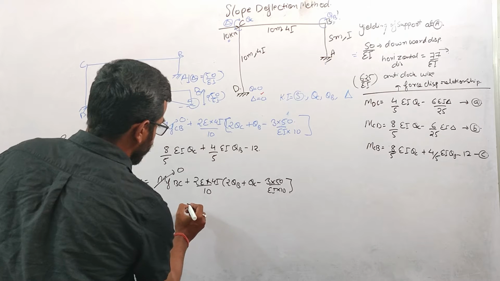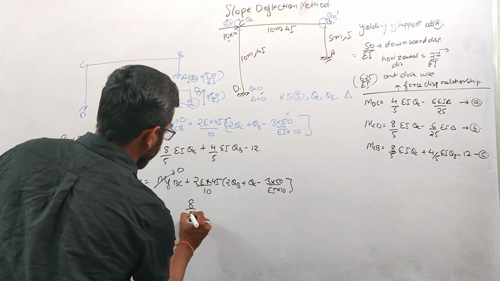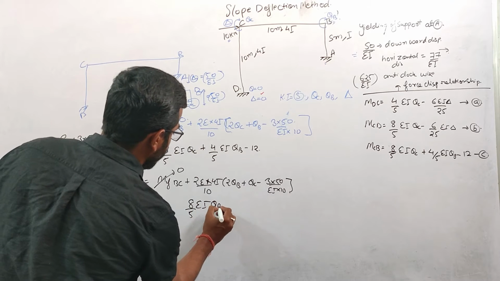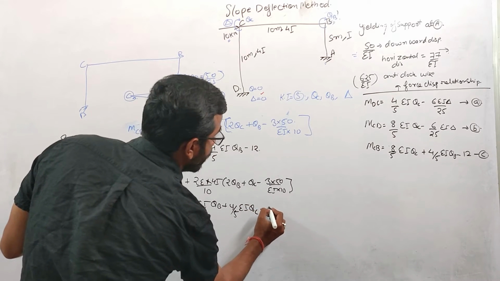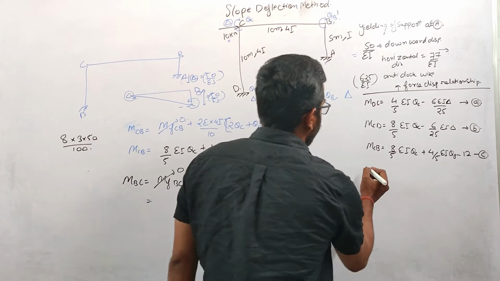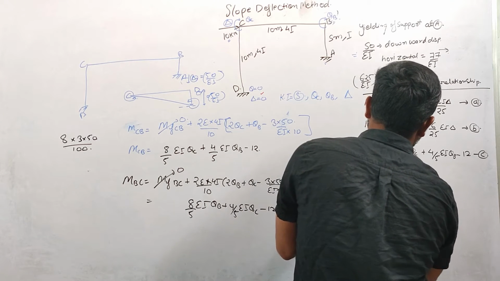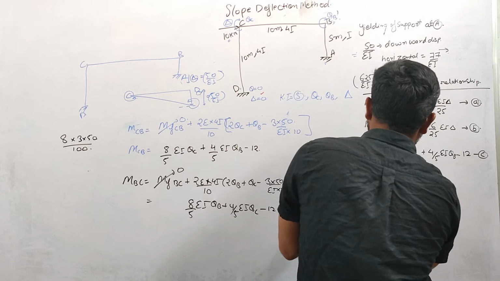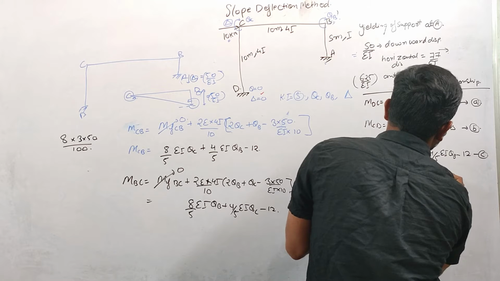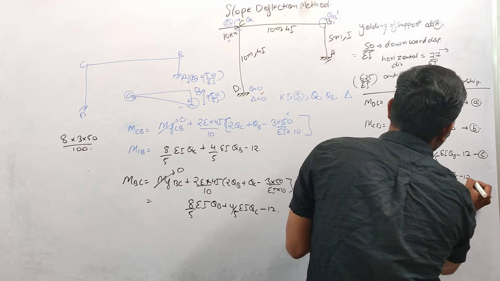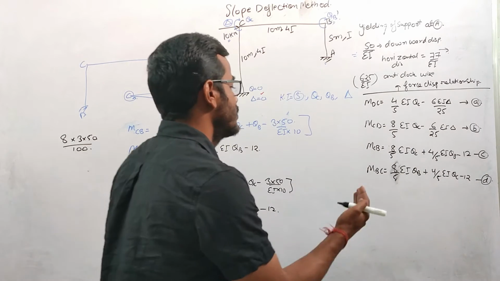So this will be 8 over 5 EI theta B plus 4 by 5 EI theta C minus 12. So this equation MBC will be equal to 8 over 5 EI theta B plus 4 over 5 EI theta C minus 12. Let this equation be D.